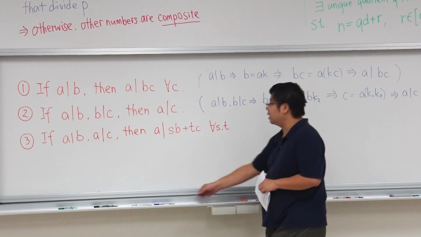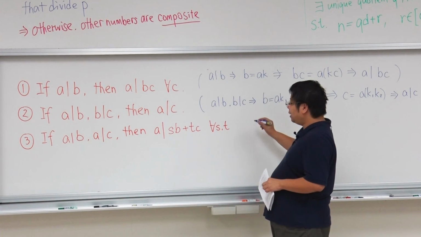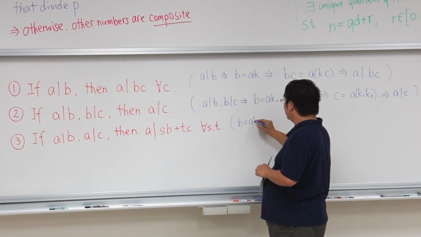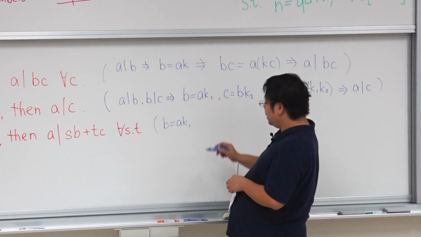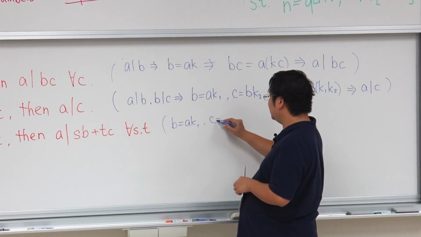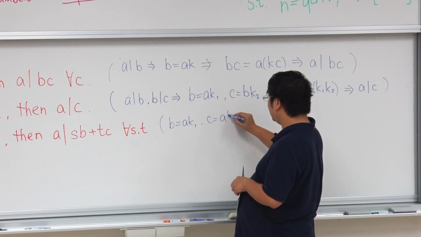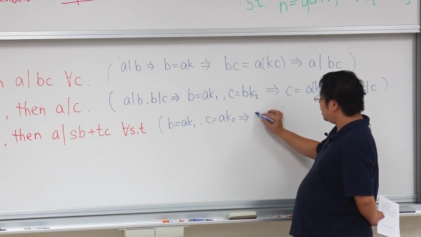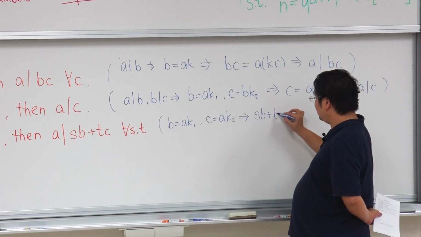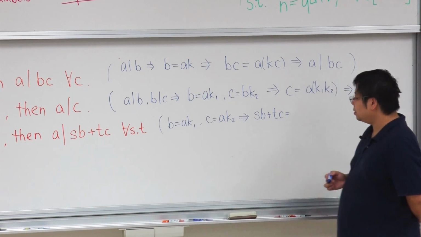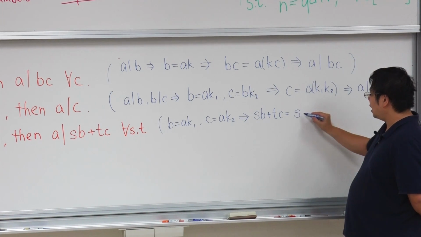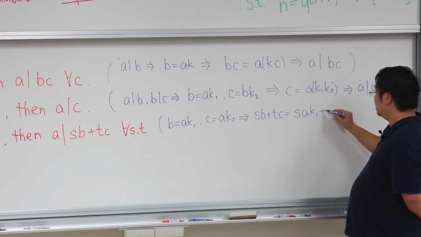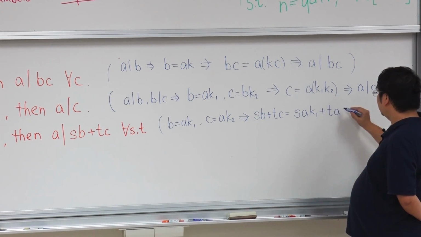Let's write it down. So the proof: A divides B, so B is equal to AK1. A divides C, so C is equal to A times K2. So this implies SB plus TC is equal to S times A times K1 plus T times A times K2.